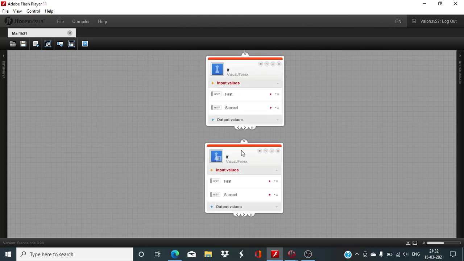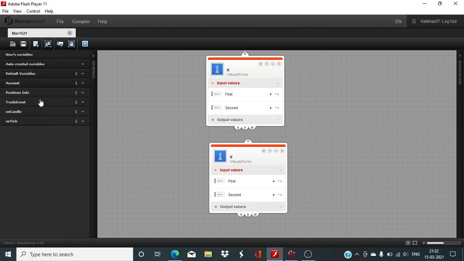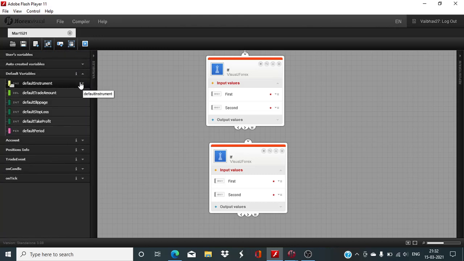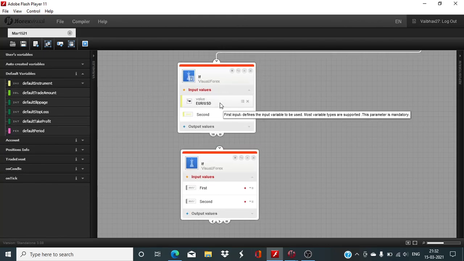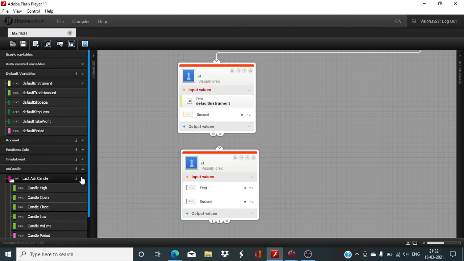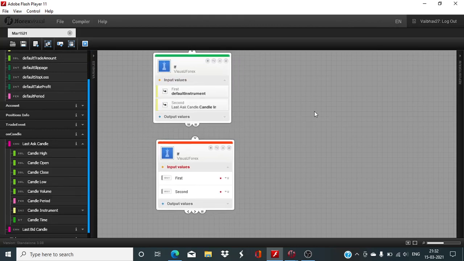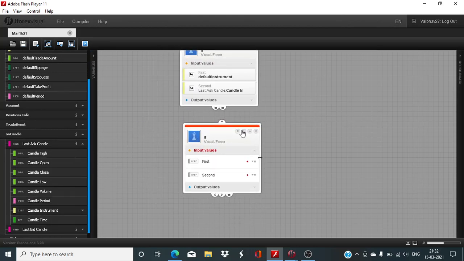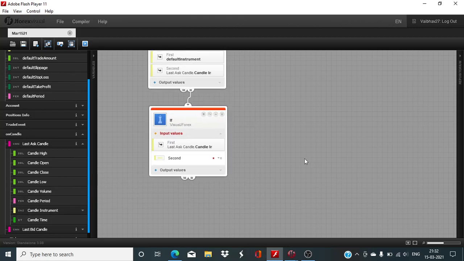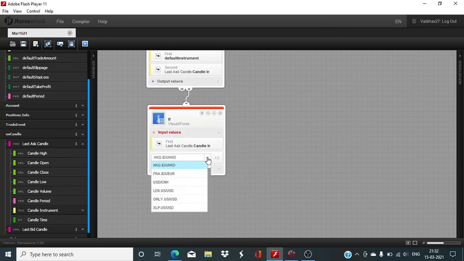So for the instrument subscription we will have to take the default instrument first. Default instrument is Euro USD, and then match it with the candle instrument. Here is this last ask candle instrument. Okay, it should be first input equals second input, and again we will match the candle instrument with the instrument of our choice, which is Euro USD for this session.